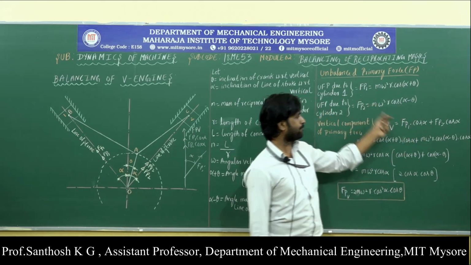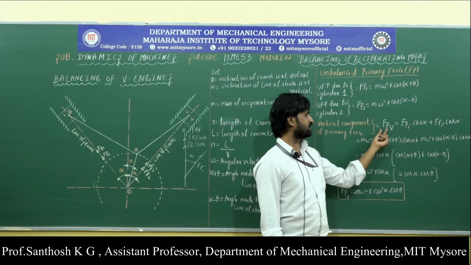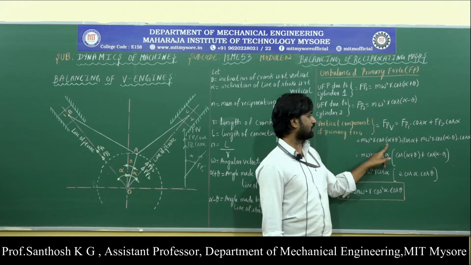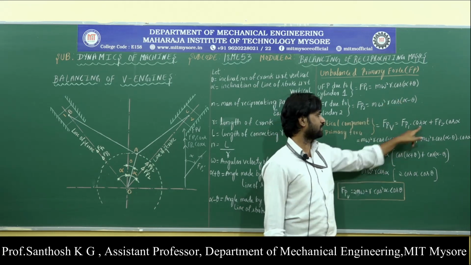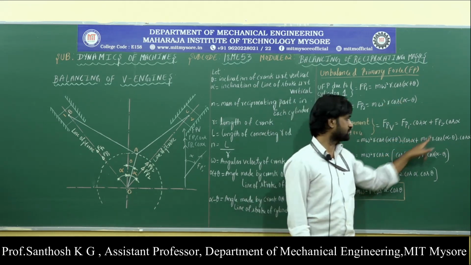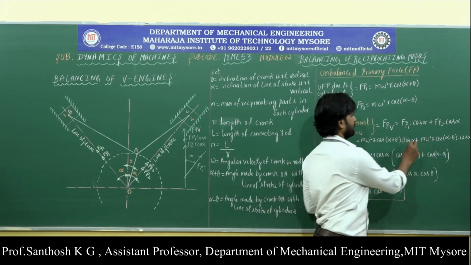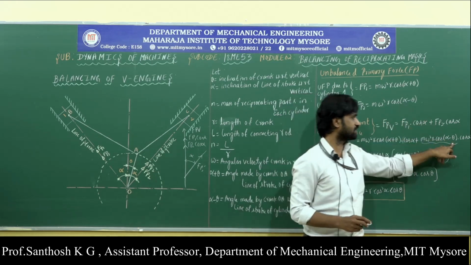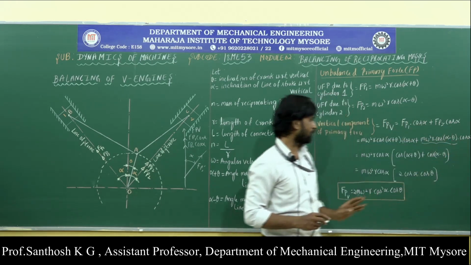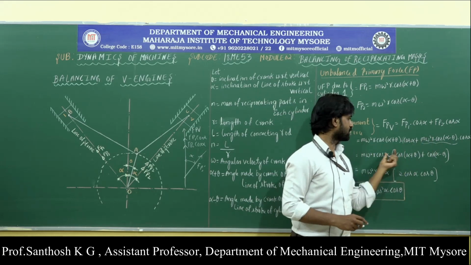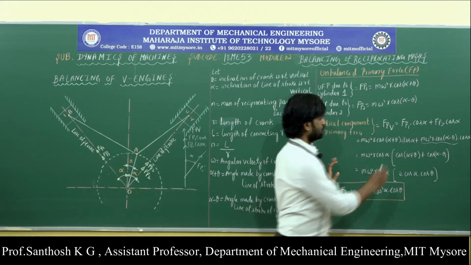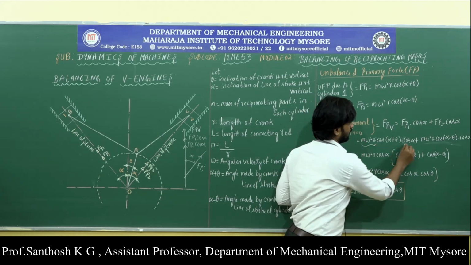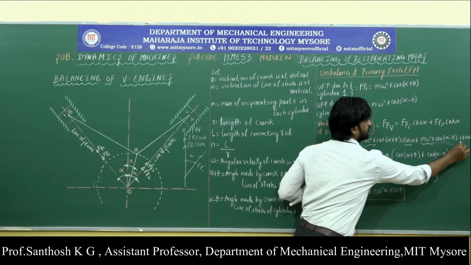So when I substitute them in this equation, I will get this equation in this form: m omega square r cos of alpha plus theta into cos alpha, plus, in place of Fp2, we have written m omega square r cos of alpha minus theta into cos alpha. Now if you observe these two terms, we have m omega square r and cos alpha in common.